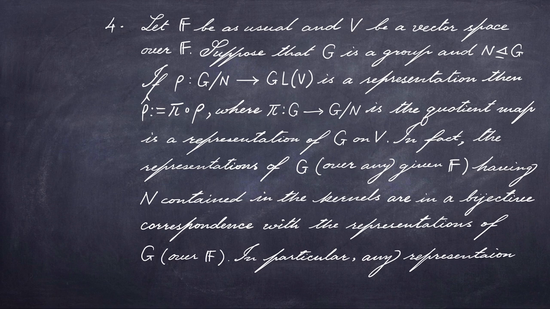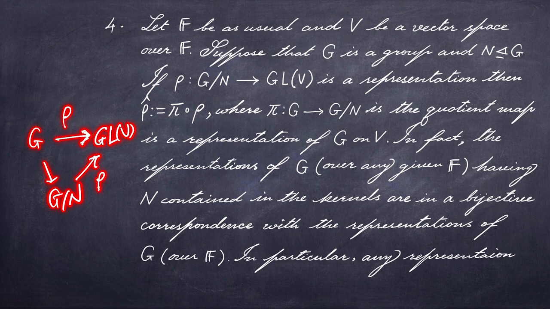Again, let me repeat: if rho is a representation whose kernel contains N, then rho must be the composition of this quotient map and some representation of G modulo N on the same vector space.